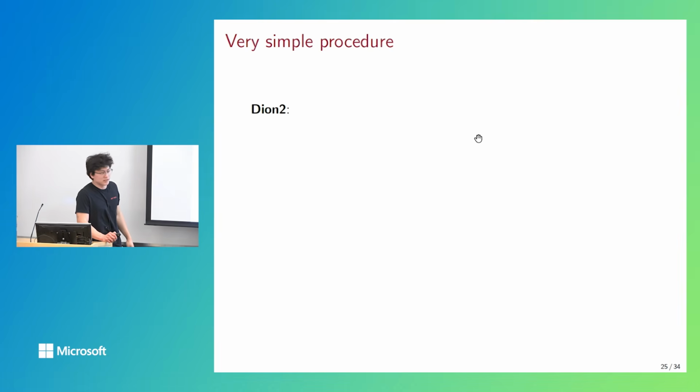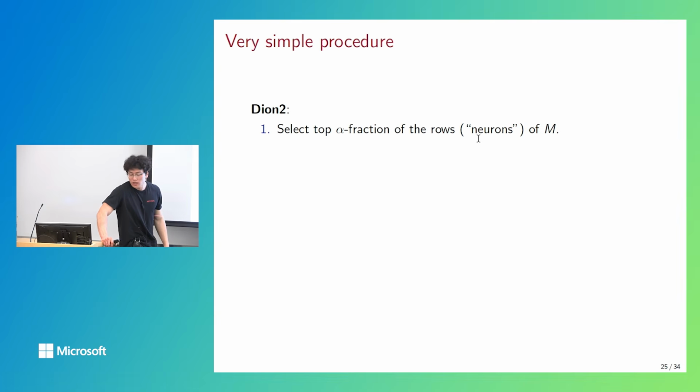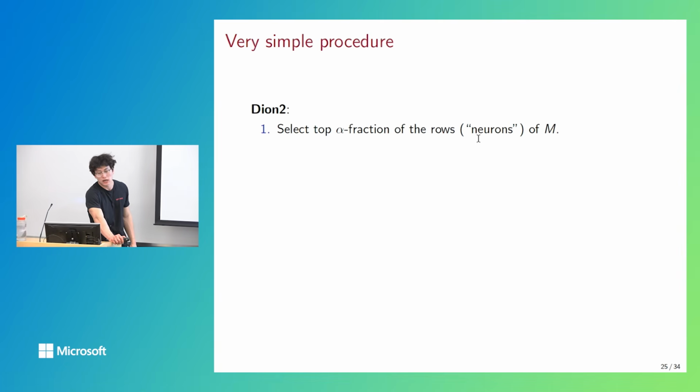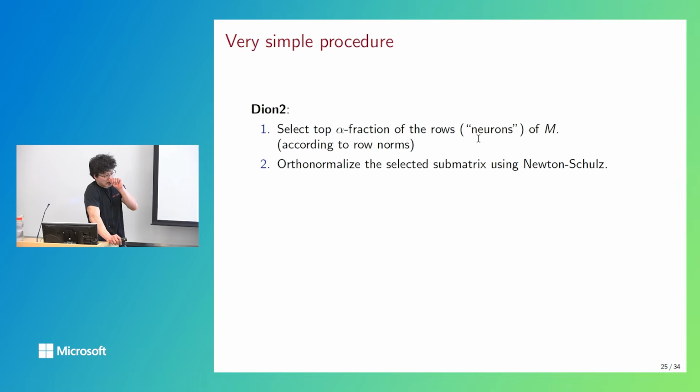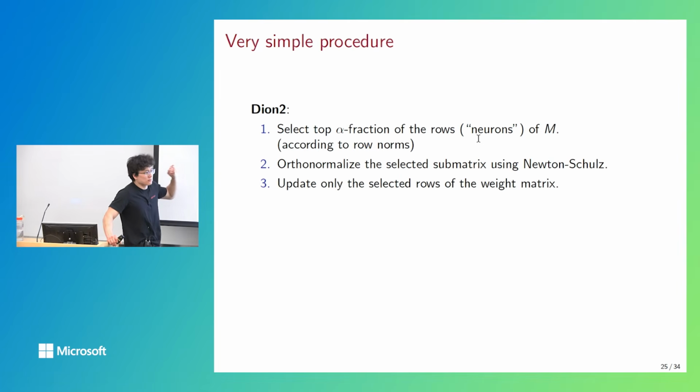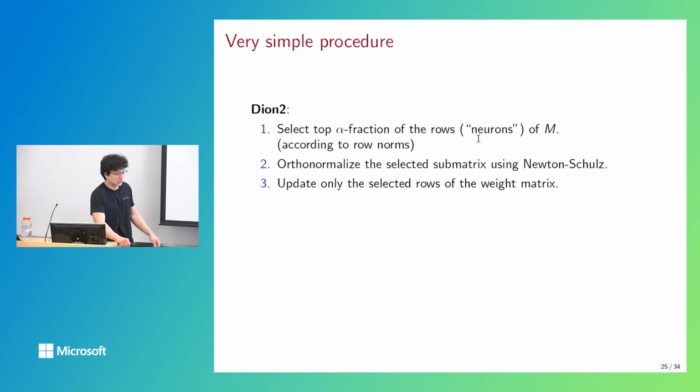It's actually very simple, and that's a remarkable property of it. Basically, given the matrix, you only select an alpha fraction of the rows based on the row norms, which is very easy to compute. Then you select this submatrix and only orthonormalize it, and then use this submatrix to update the parameter. So it's a sparse update.